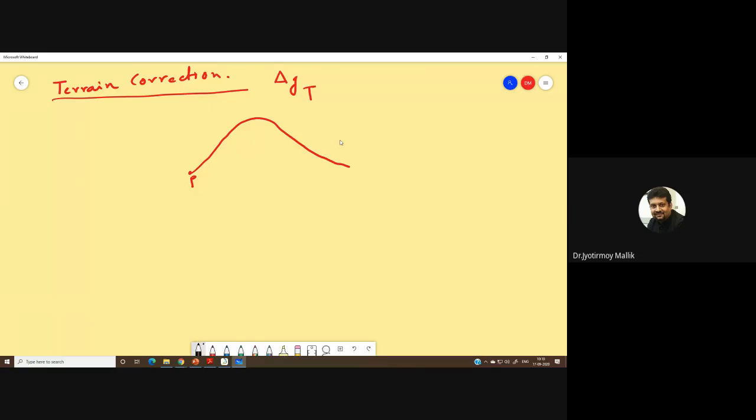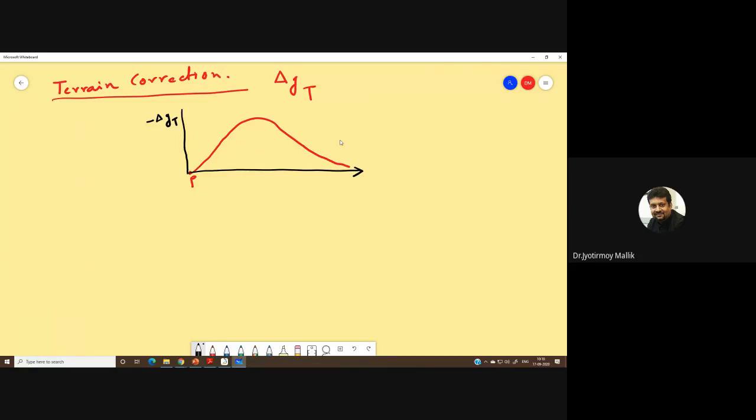Let us draw some reference frame for our convenience. So we said minus delta G T, because this actually pulls up, I am providing a negative sign.